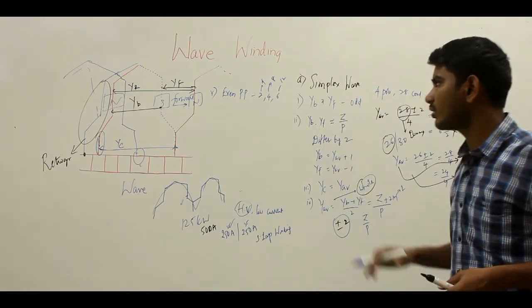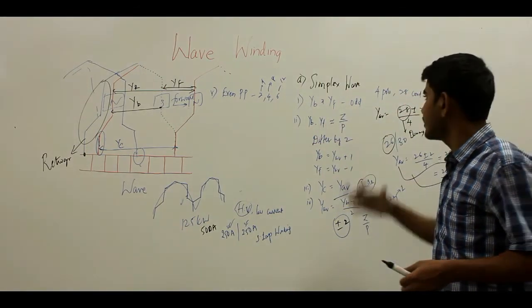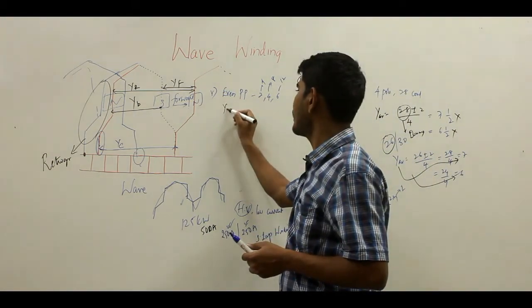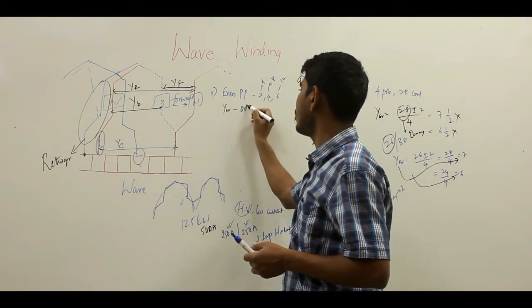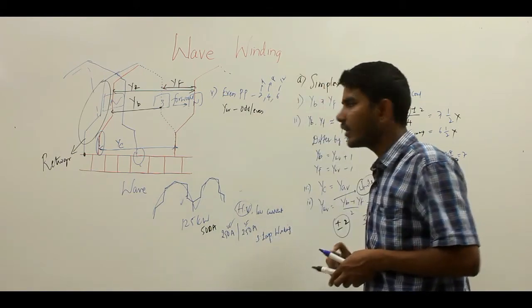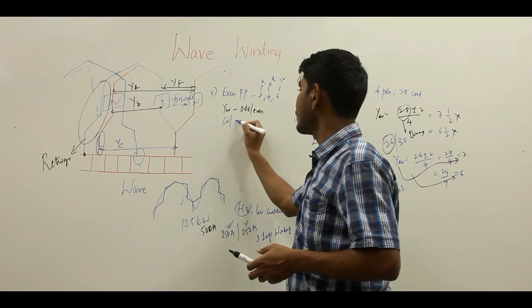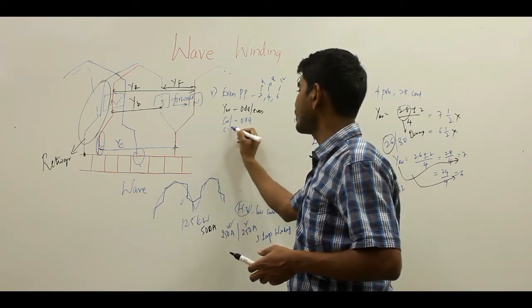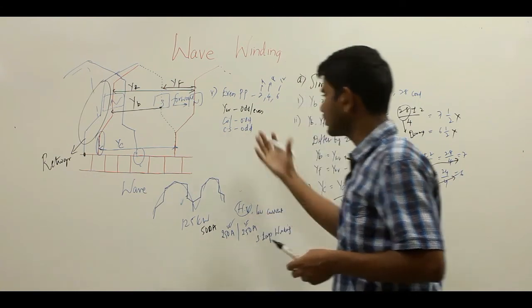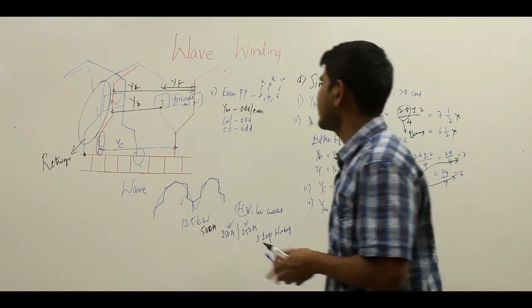So when you are talking about the even pole pairs in the simplex wave winding, here your Y average can be odd or even, and your coils must be odd and your commutator segments must be odd. So this is the winding calculation.